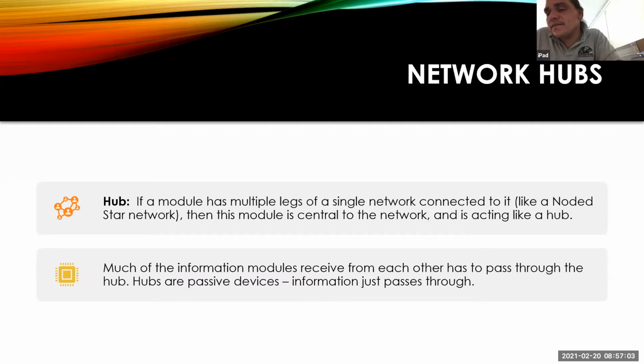Do they piggyback them on a circuit board inside a module somewhere, or is it actually because a hub can be just an actual physical connection? Right, and that's what these are. It's layer one, the physical network, so it could just be an actual splice, really. Exactly, it goes through without being changed.